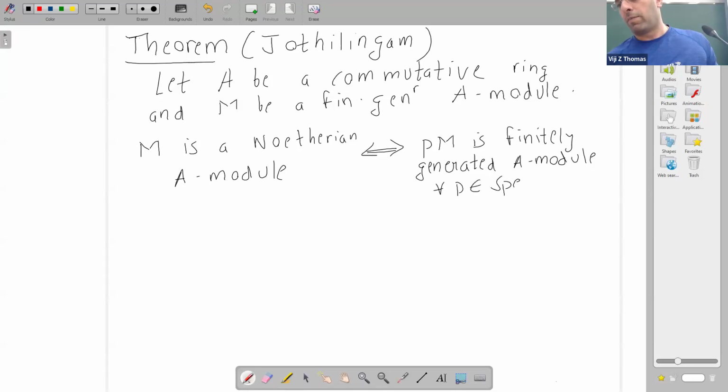This should happen for all primes of the ring. Then M is a Noetherian A module. So before going into the proof, let's look at the corollary.